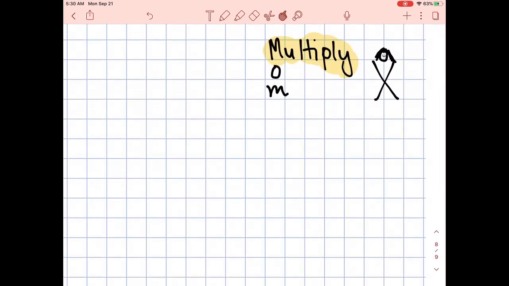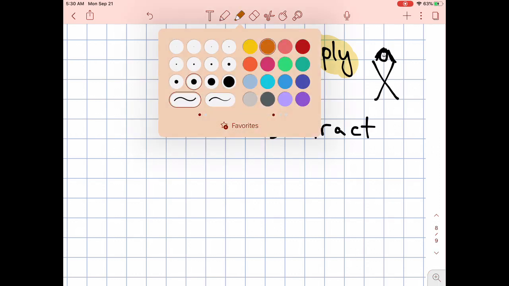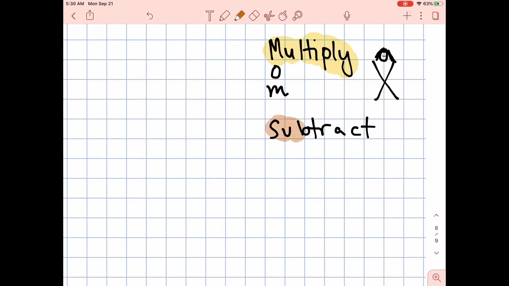So subtraction, we show, I'm going to write out subtract. And subtract starts with an S, obviously. So I like to think of that as like sister. I'm just going to write sister.